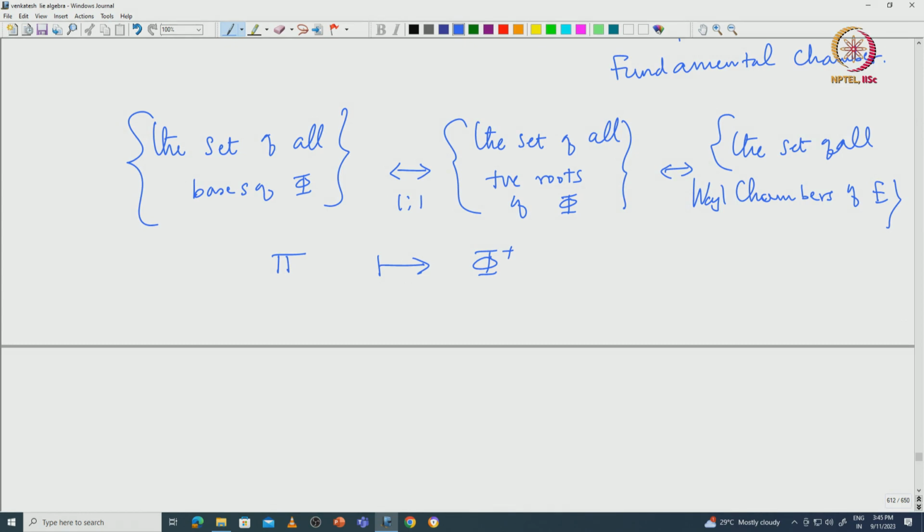If this is phi plus of gamma, then naturally we send this to C of gamma, which we denote by C of pi. So, this is also a one to one correspondence. These are all things we already checked implicitly, so I leave it to you to check very explicitly. So, this statement you check.